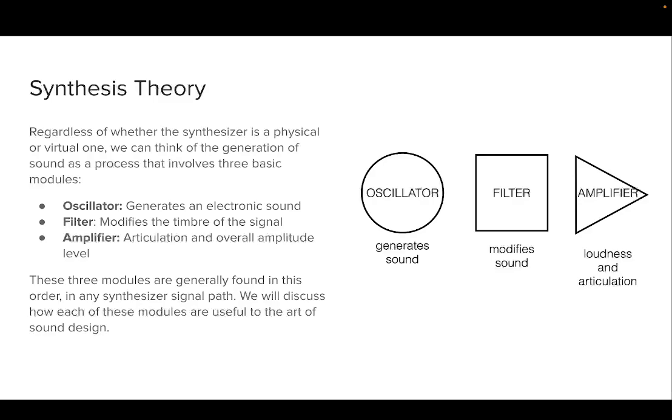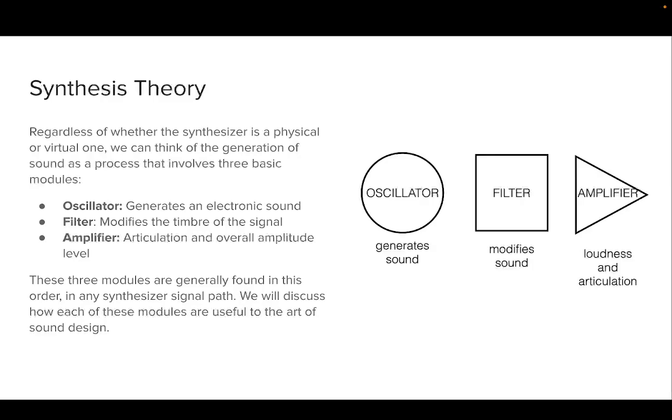Regardless of whether the synthesizer is a physical or virtual one, whether it has a keyboard, pads or sliders, or just simply antennae like a theremin, we can think of the generation of sound as a process that involves three basic modules: the oscillator, which generates an electronic sound; the filter, which modifies the timbre of the signal; and the amplifier, which articulates the sound and provides the overall amplitude level.